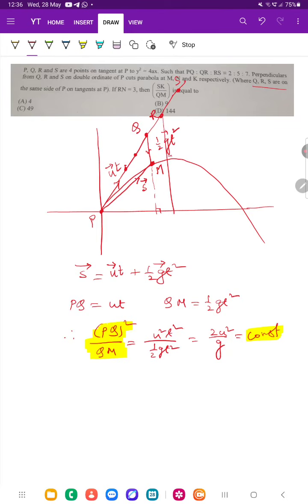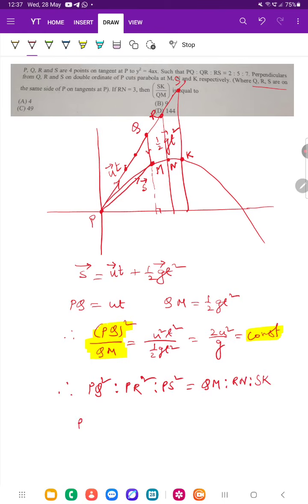Let's say this one is N and this one is K. So I'm writing this conclusion like this: PQ square : PR square : PS square equals QM : RN : SK.